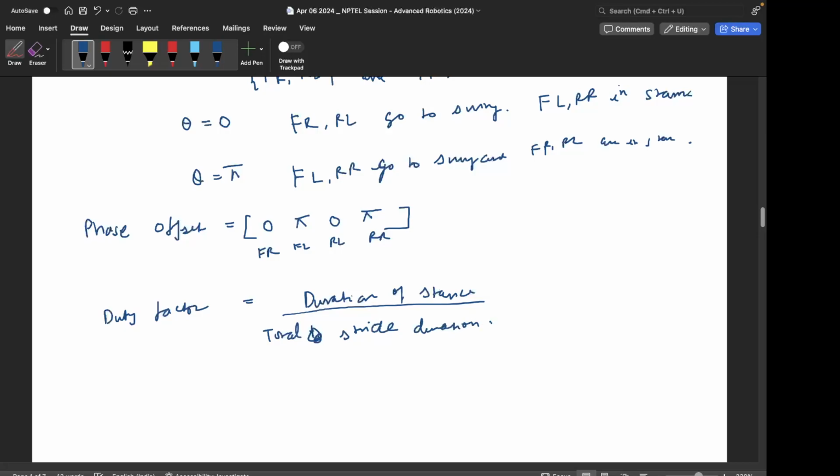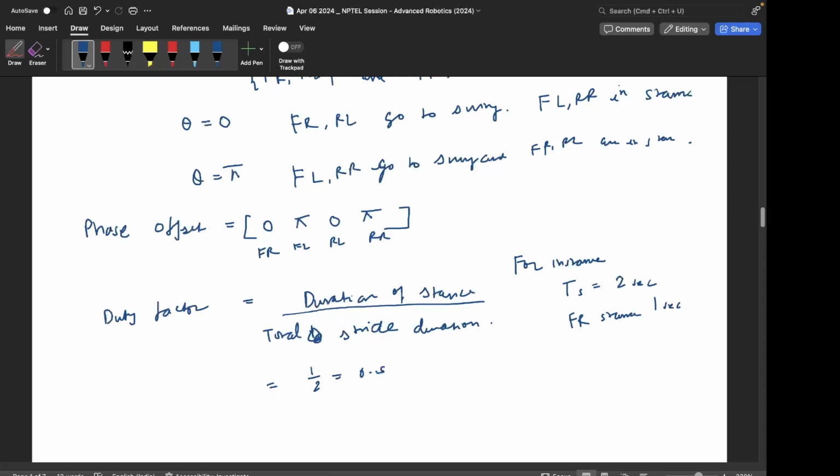For instance, if stride duration is, let's say, 2 seconds, and the FR leg is in stance for 1 second, then the duty factor is 1 by 2, which is 0.5.